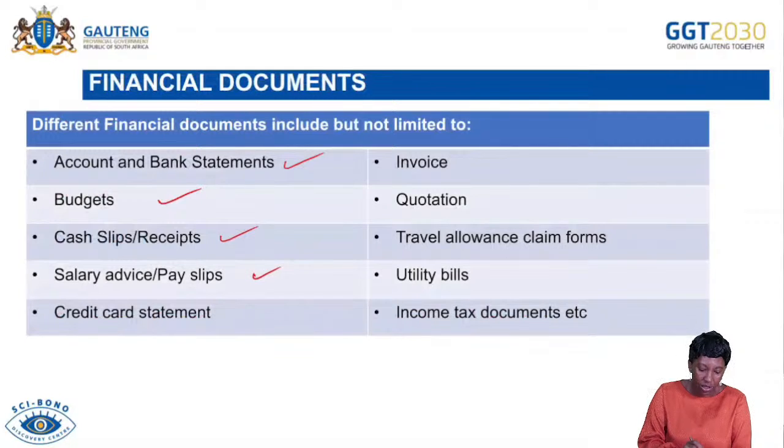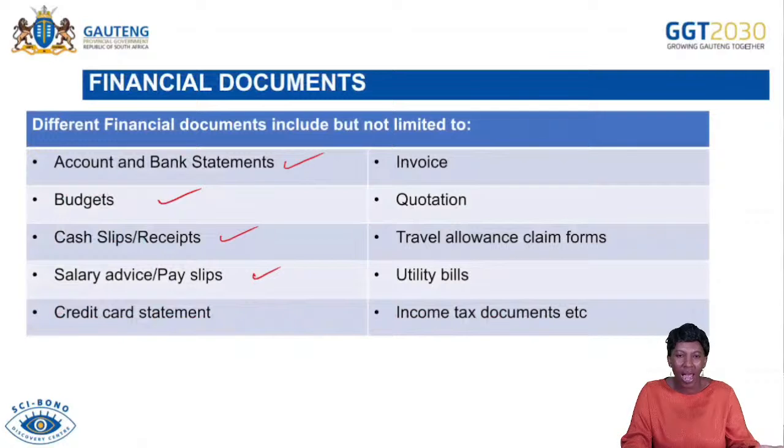The salary advice or the pay slip, I have already explained it to you. This is the document that reflects who the employer is, who the employee is, which position I am holding, how much I am getting per month, how much is being deducted, and how much I am contributing towards pension and UIF.